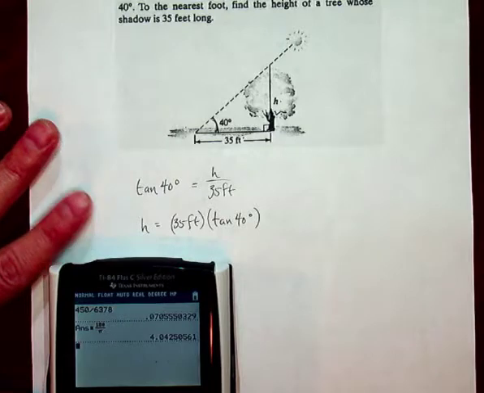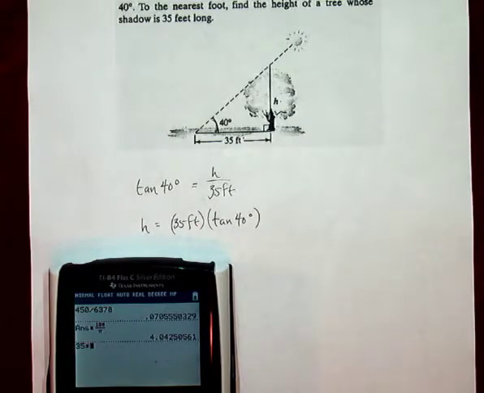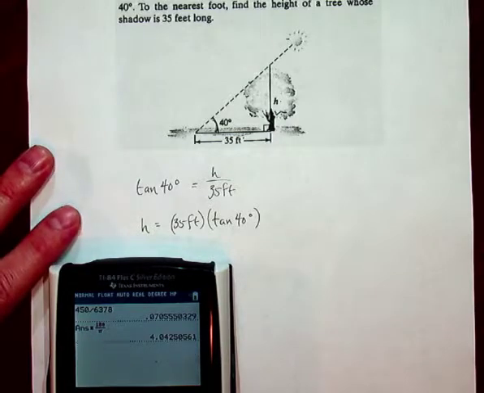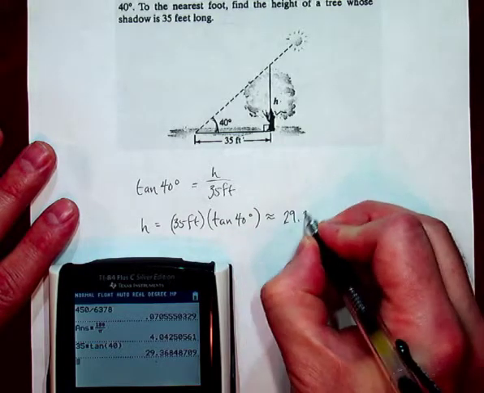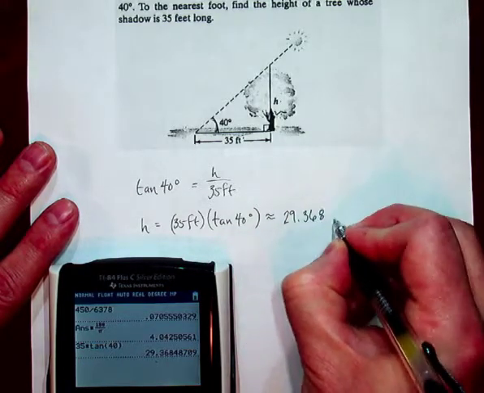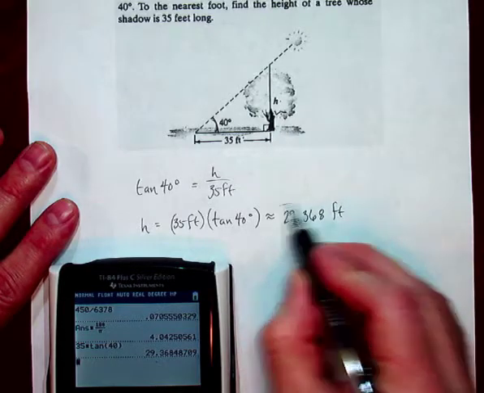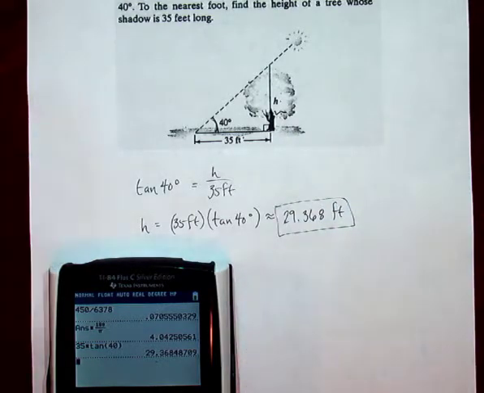I apologize, but I have never had an opportunity to figure out how to use one of those bad boys. And so you're likely on your own. And this winds up being 29.368 feet.